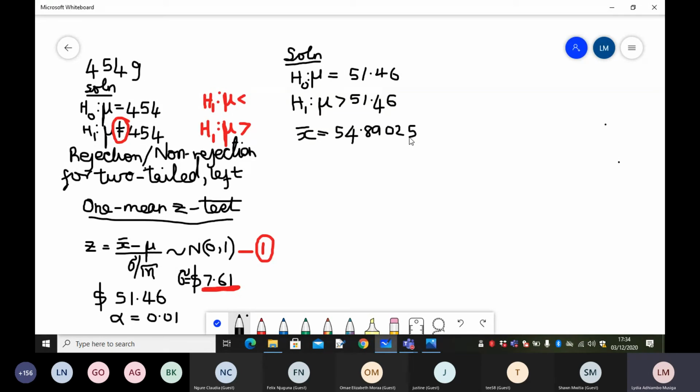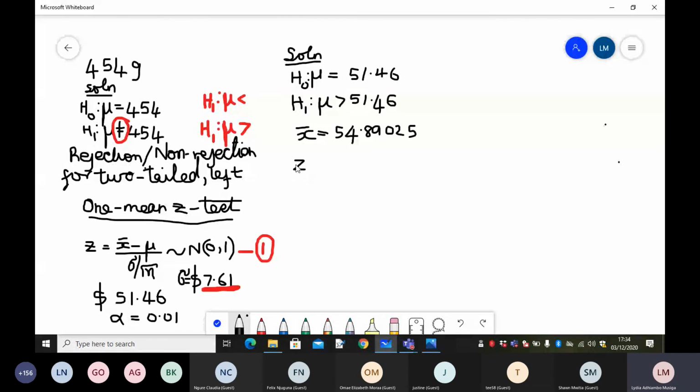So we can now substitute in our test stat. As we are substituting, this value that we are calculating can be called Z observed because we are calculating it from the given data values.